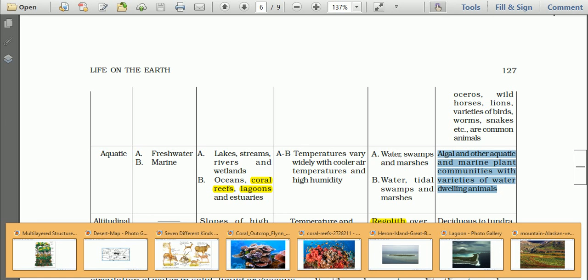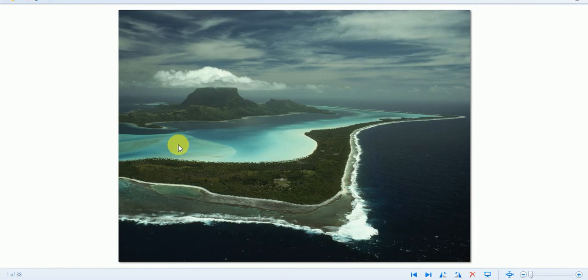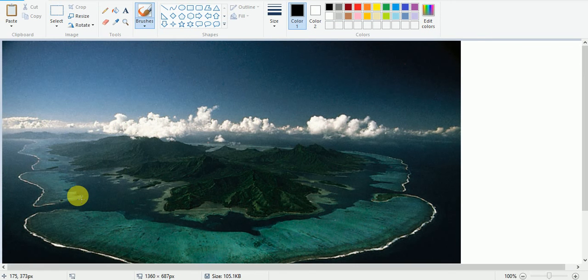And about the lagoons, okay, see, this photograph shows lagoon. So let me tell you here, actually this area is an enclosed area. Okay, so this area is an example of lagoon.